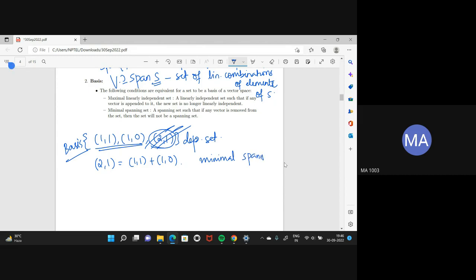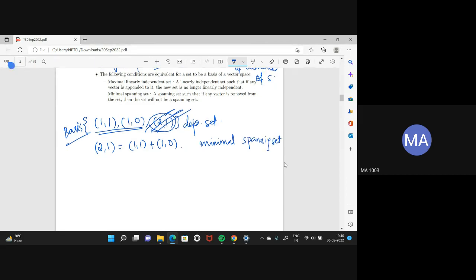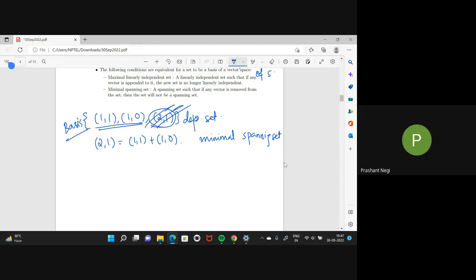What is a minimal spanning set? First of all, what is a spanning set? A spanning set for R3 means the span of that set should be R3. A minimal spanning set means it should be the smallest spanning set. If you remove one element from that set, it should no longer be a spanning set.